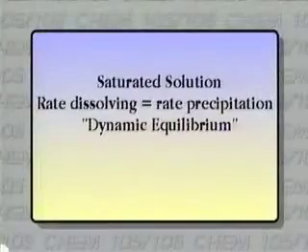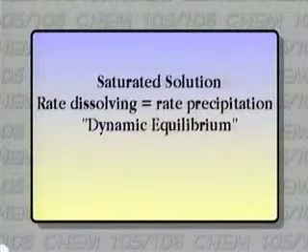We also talked about the fact that if we have enough solid in the system, sooner or later we'll reach a point where the rate at which the particles are leaving the surface becomes equal to the rate at which particles return to the surface once again. And when this happens, we said that we have a solution which we refer to as a saturated solution.